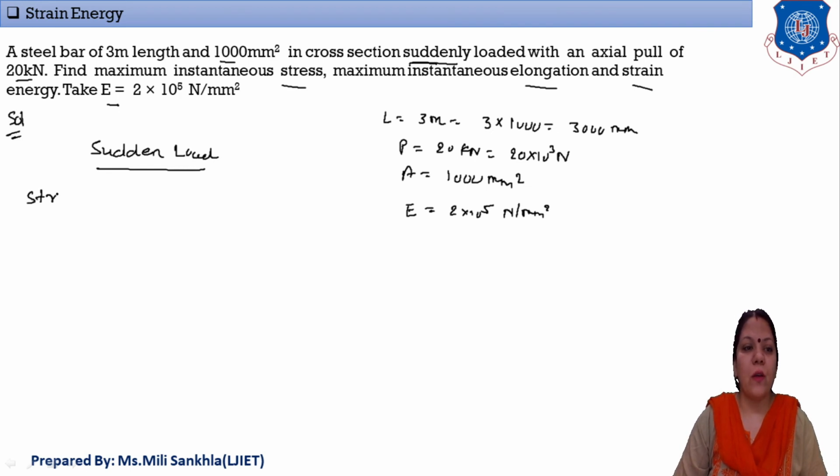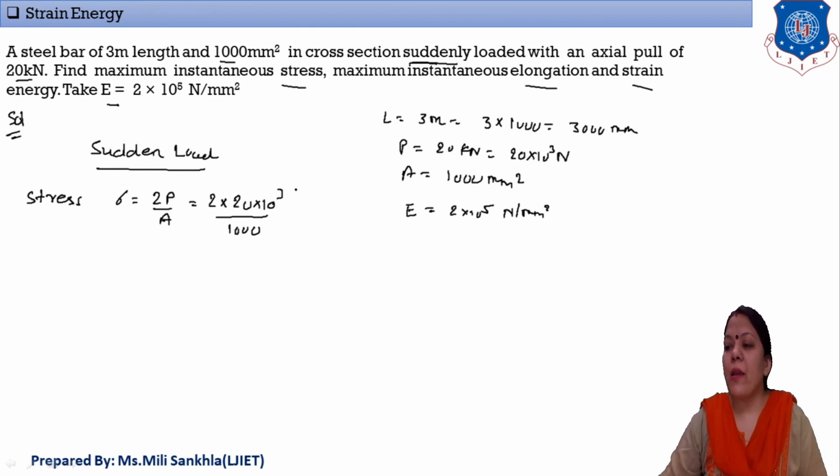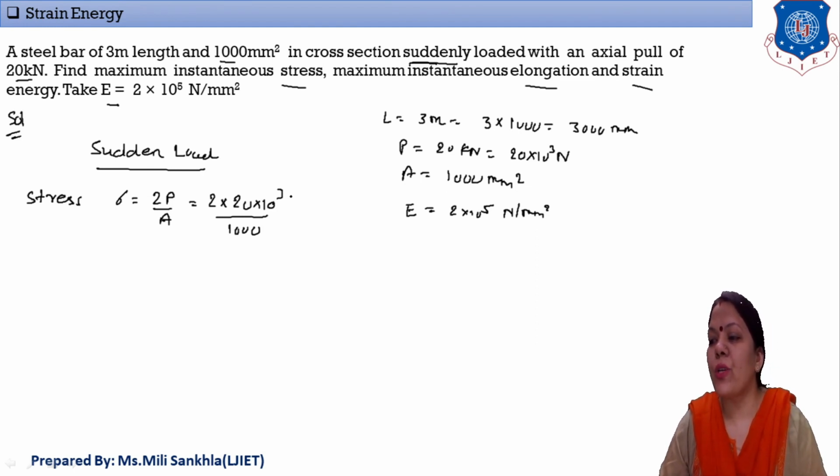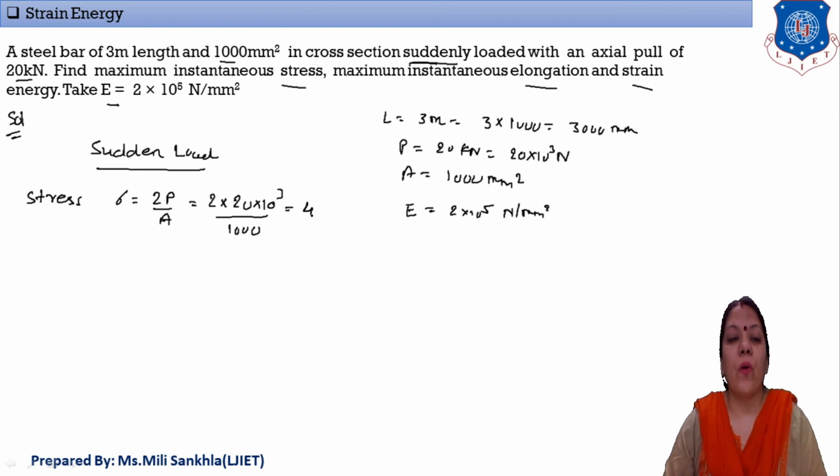Because area is given, we directly use the equation: stress is equal to 2P by A. Now 2 into P, where P is 20 into 10 raised to 3, divided by area 1000, and my answer for this stress is equal to 40 Newton per mm square. This is my first answer.